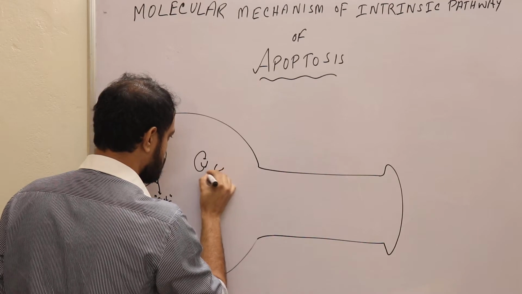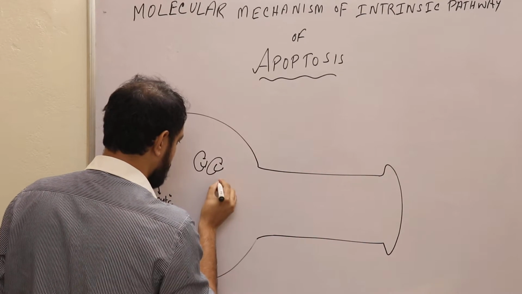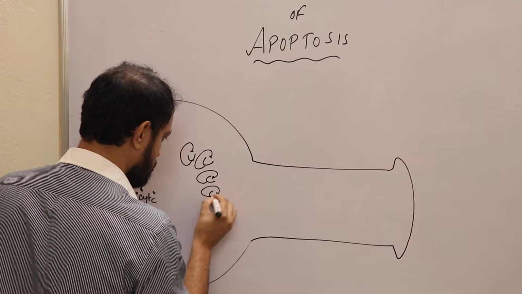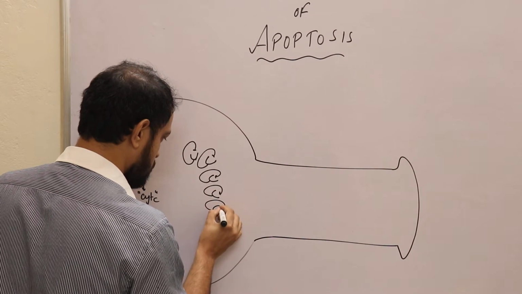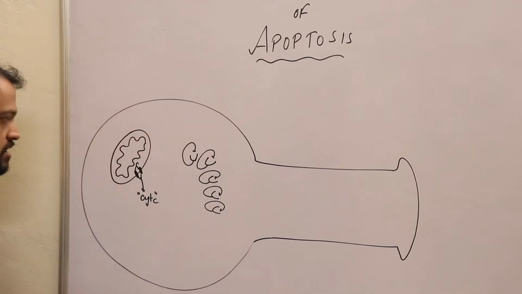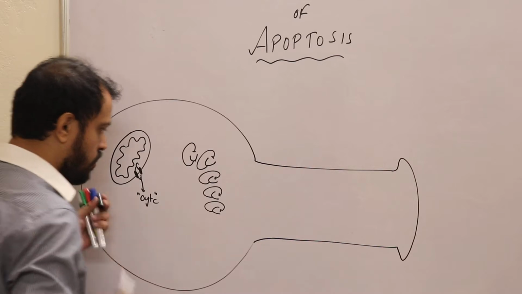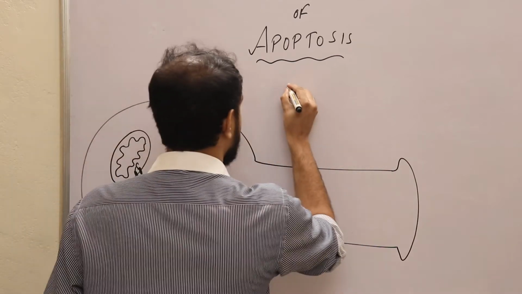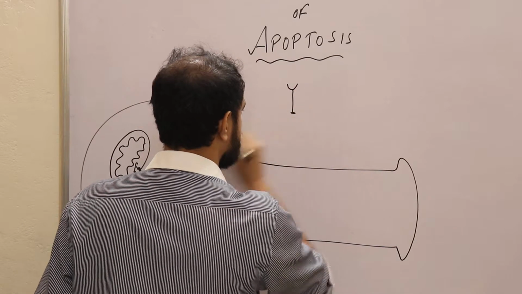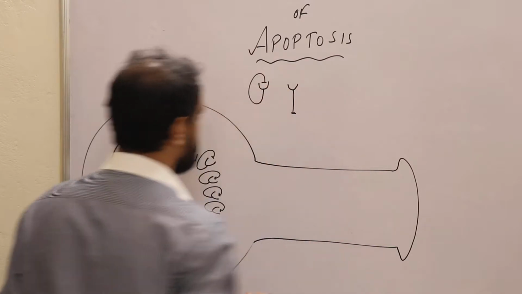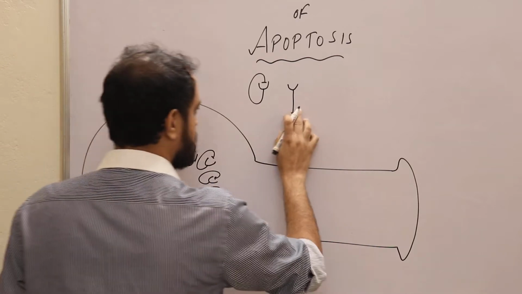These are the proteins which are present in the cytoplasm of every cell, and cytochrome C actually attacks this protein. Actually, these proteins look like this when present in the cell, but this protein actually looks like this.